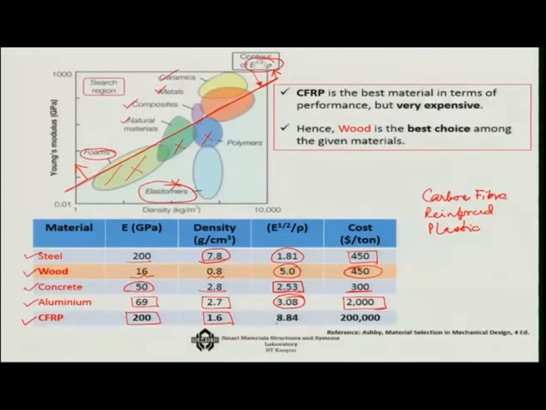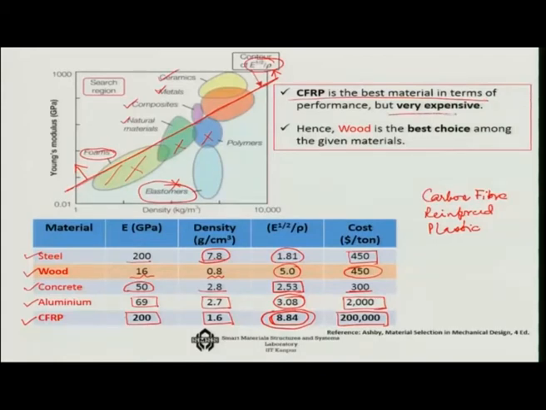So, what is the factor, square root of E by rho? 8.84. This is the topmost material, as you can see. This is even better than wood. But what is the cost? Something like a very high cost per ton, as you can see here.